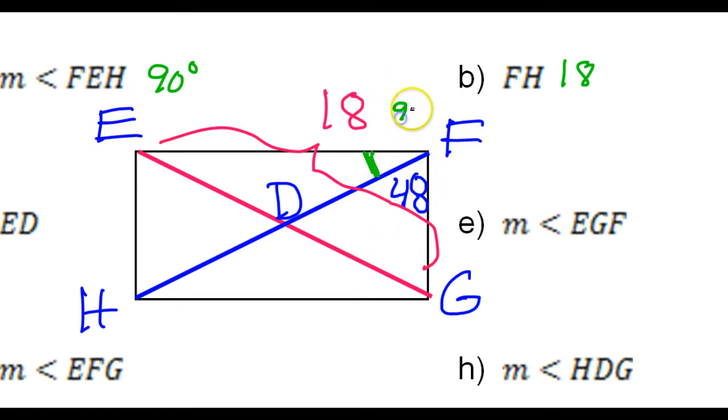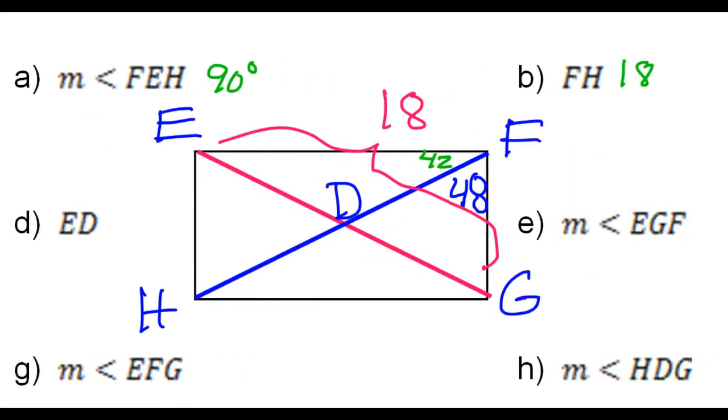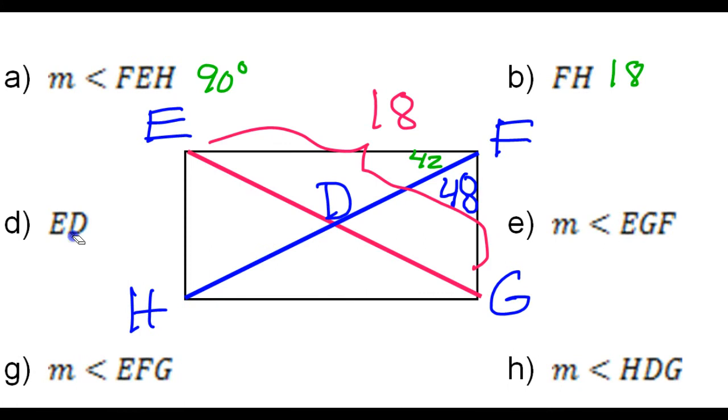So if you do 90 minus 48, that is going to be 42. So that's 42. What about D? ED. What's ED going to be? ED is going to be 9 because that's half of a diagonal.